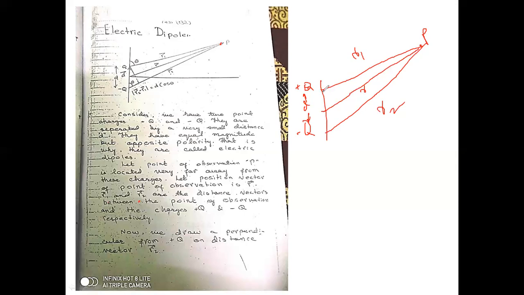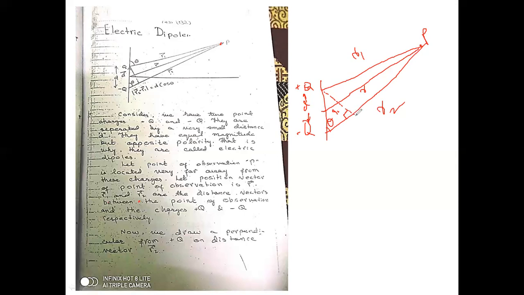So I will draw a perpendicular line over here so that I get a right angle triangle. This is 90 degrees, and this is the angle theta. Now at this point r1 and r2 are equal.